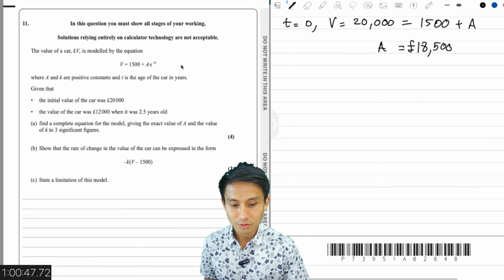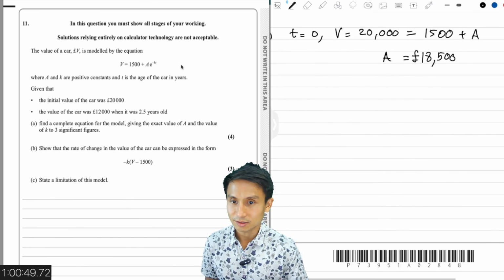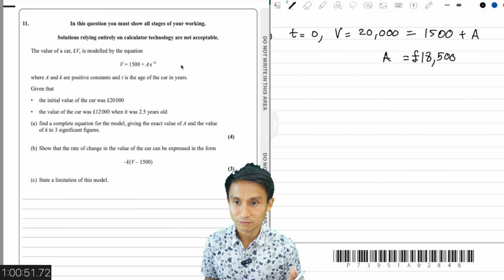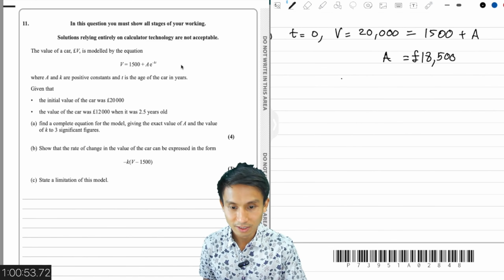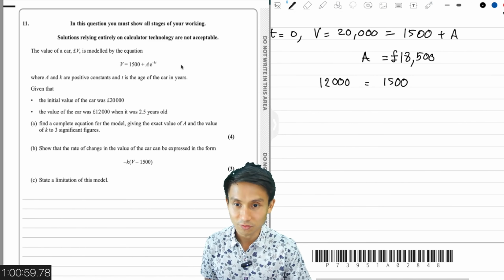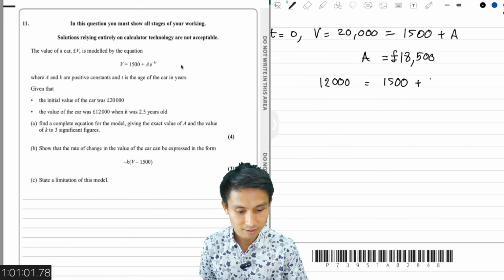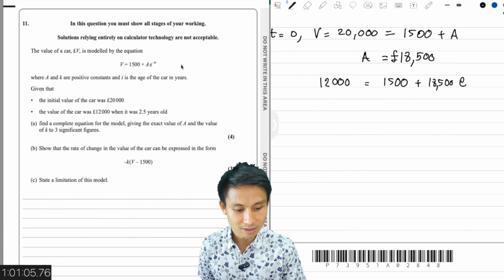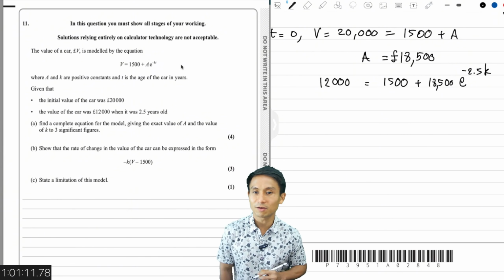And then the second condition, we now have A, so we just find K. So the other one is 12,000 equals 1,500 plus 18,500 times e to the power of minus k times t, where t is 2.5. Just subbing everything in.